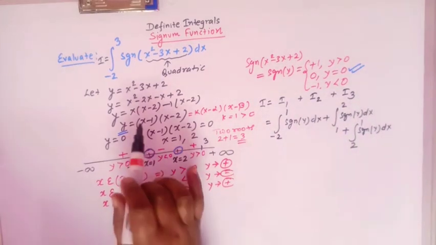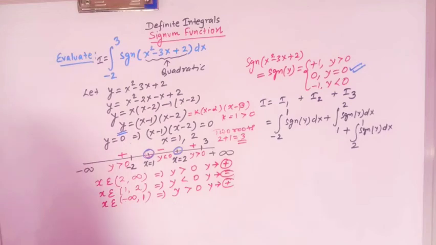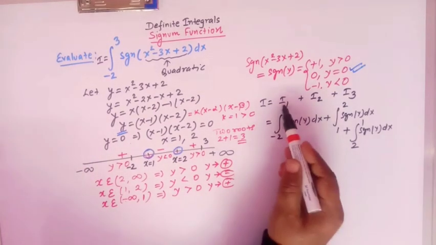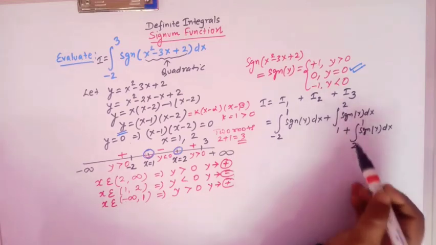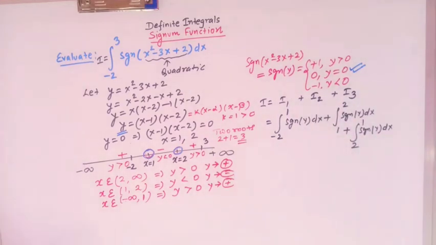So y is given by x minus 1 times x minus 2, right? So I1 is from minus 2 to 1, I2 is from 1 to 2, and I3 is from 2 to 3.